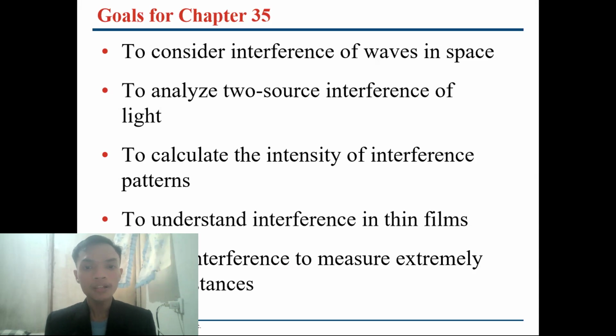Fourth is to understand interference in thin films. And lastly is to use interference to measure extremely small distances. Each of these goals builds toward mastering how light behaves as a wave, which is a foundation for optics and modern physics.